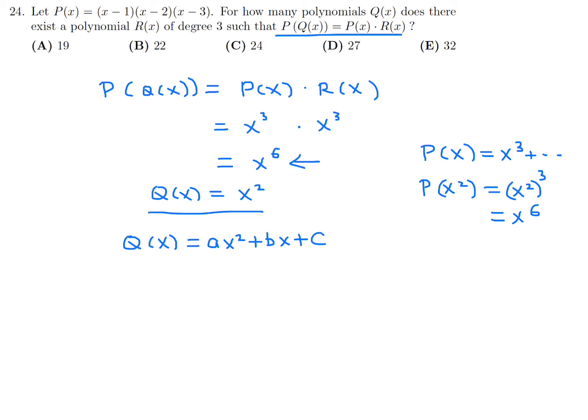Now we are going to use this and this, really the only two equations they give us, and work with this. So we have P(Q(x)) equal to (Q(x) - 1)(Q(x) - 2)(Q(x) - 3). I'm just using this one right here.